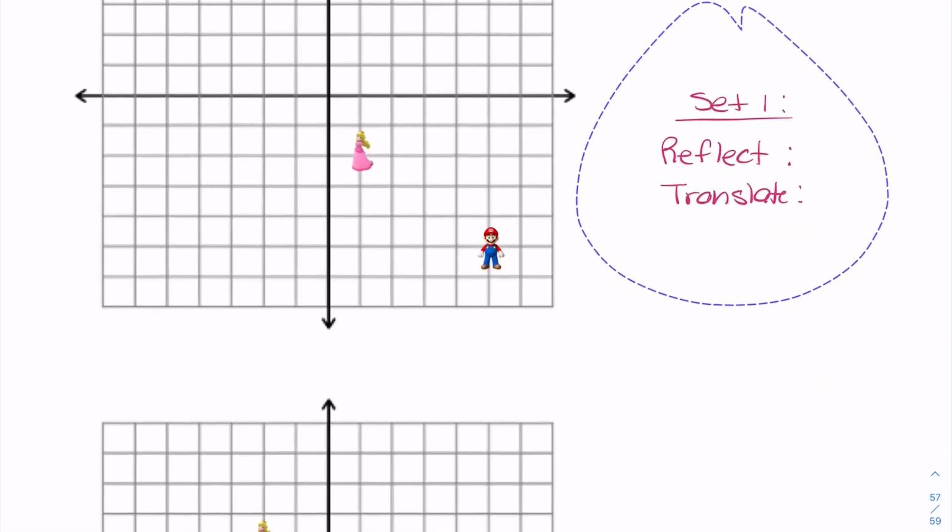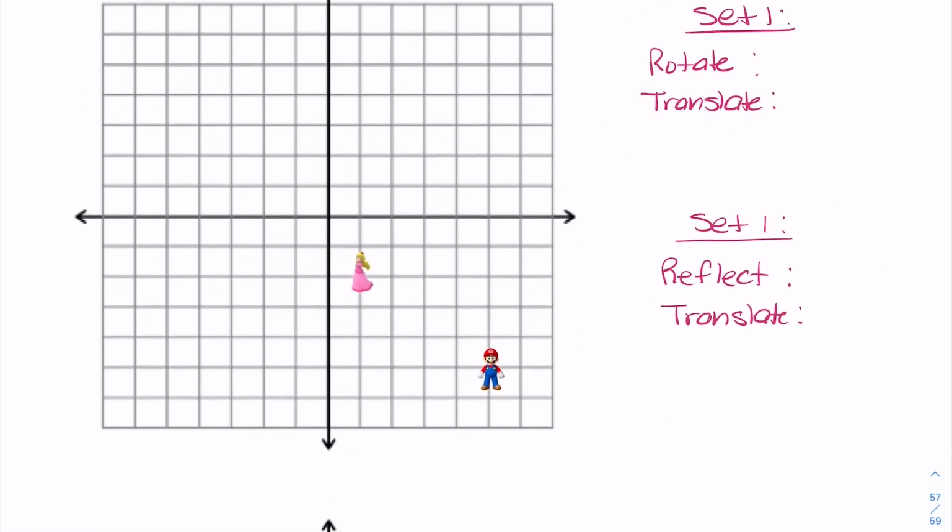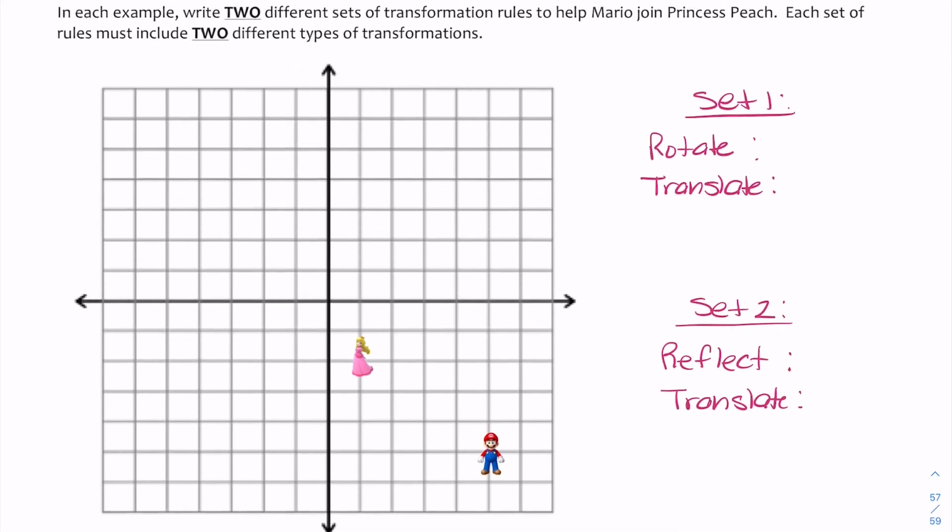You might want to do a set where you reflect and translate, and another one that you rotate and translate. And so here you want 2 different sets with 2 different types of transformations.